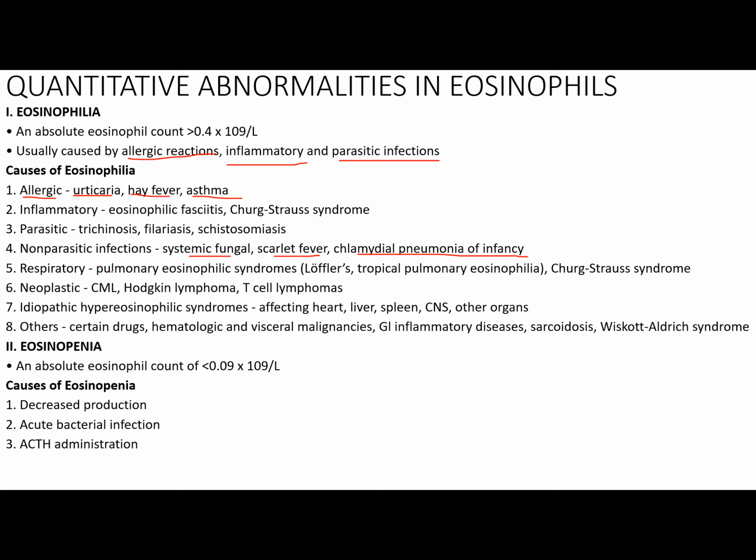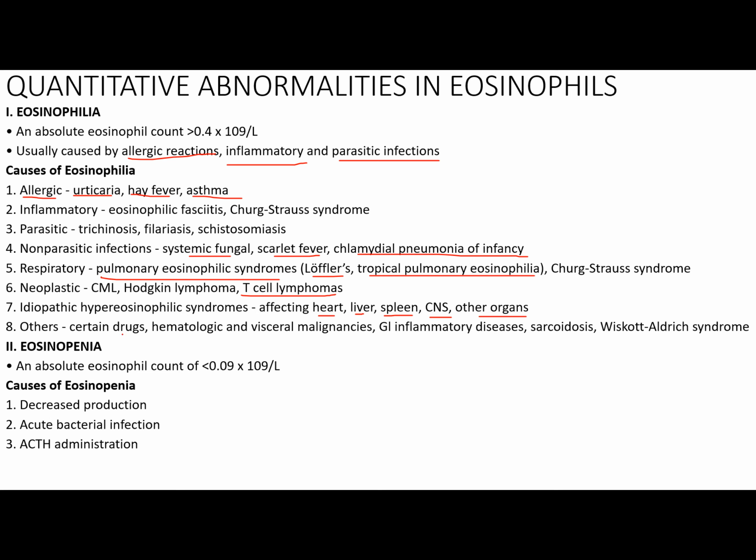Then respiratory, seen in pulmonary eosinophilic syndromes such as Loeffler's, tropical pulmonary eosinophilia, Churg-Strauss syndrome. Then neoplastic, seen in chronic myeloid leukemia, Hodgkin lymphoma, and T-cell lymphoma. Then we have idiopathic hypereosinophilic syndrome, which would affect the heart, the liver, the spleen, the CNS, and other organs.